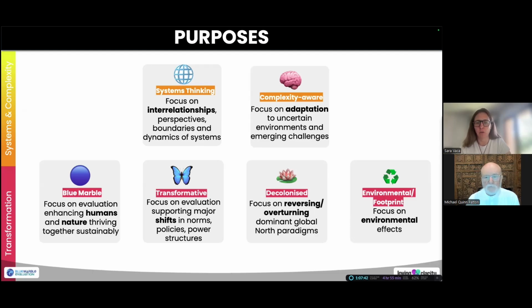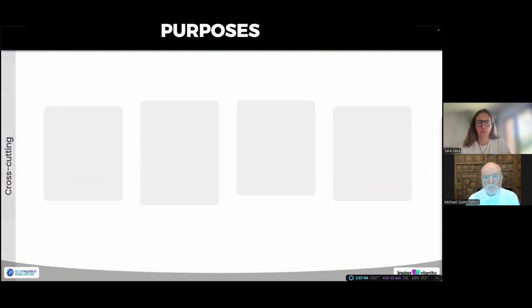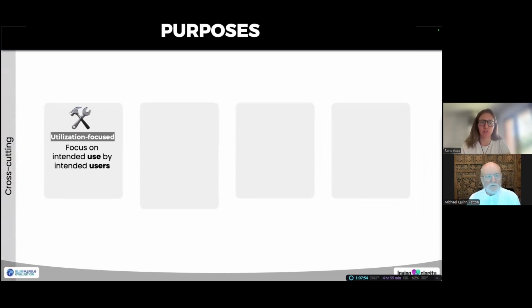Okay, and now let's move finally to the ones that are not into any particular framework. They can be applied to any of them, like for example, another one of your approaches, utilization focused, that makes sure, right, that from the beginning of the evaluation, the ones that are going to use the findings or the results are involved at the beginning. This utilization focused evaluation is a process for deciding which other approaches you would use.